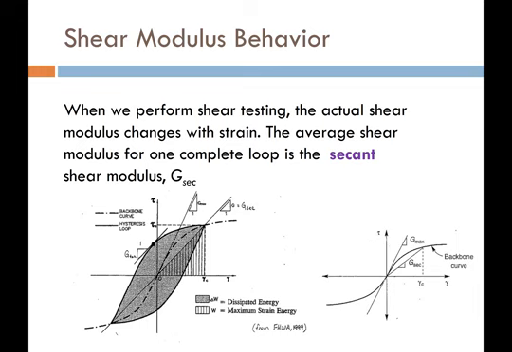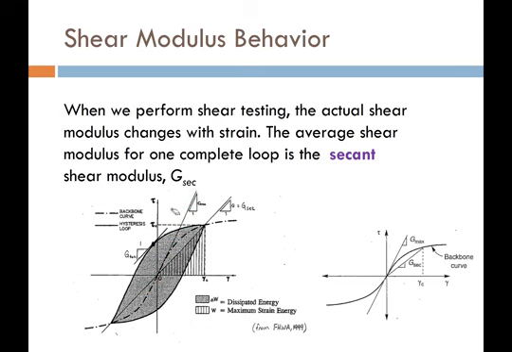Now let's contrast that with what we call G max, the maximum shear modulus. This is the shear modulus of the soil at its initial state, and when the soil is still behaving elastically. And so it represents the steepest slope and represents the most elastic point of the soil.